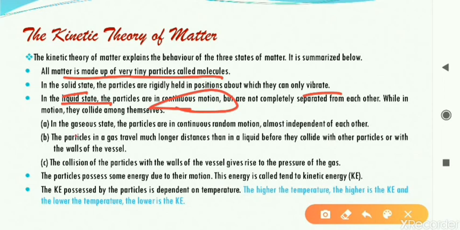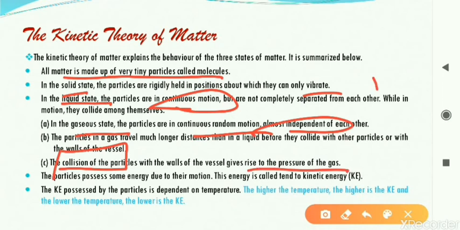Regarding the gaseous molecules, that is the extreme of this motion: continuous random motion, almost independent of each other. There is certain collision of the particles, meaning different molecules in gases are hitting each other. As a result, there is an increase in the pressure of the gas.